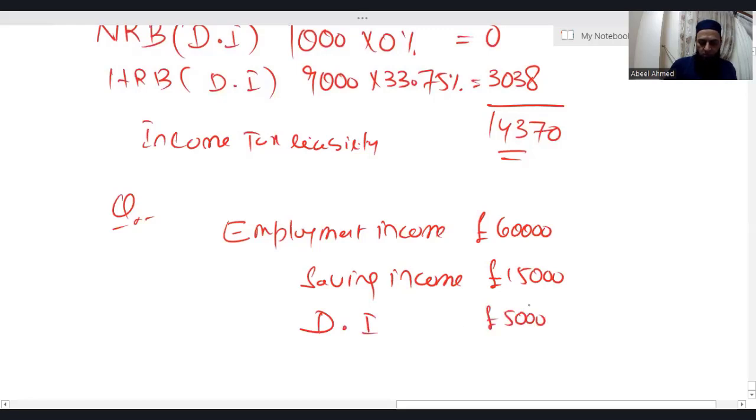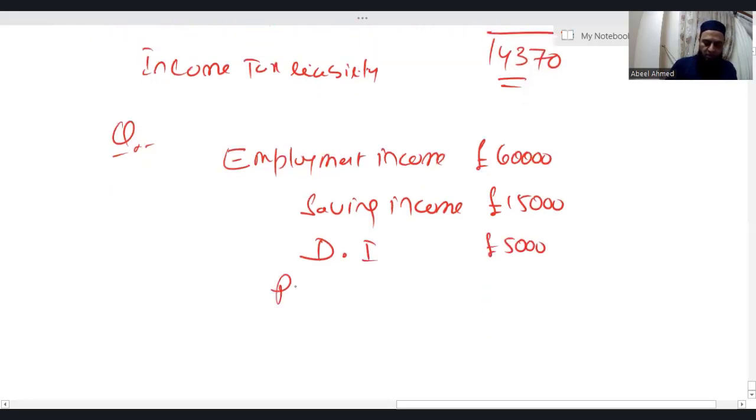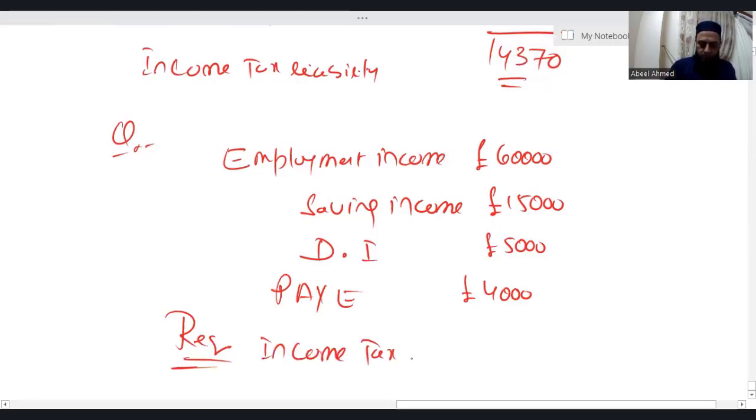And I really want income tax, and let's say pay as you earn also, that is 4,000. Requirement is income tax liability. All you need is just to calculate the income tax liability. So I really want every one of you to attempt this question.